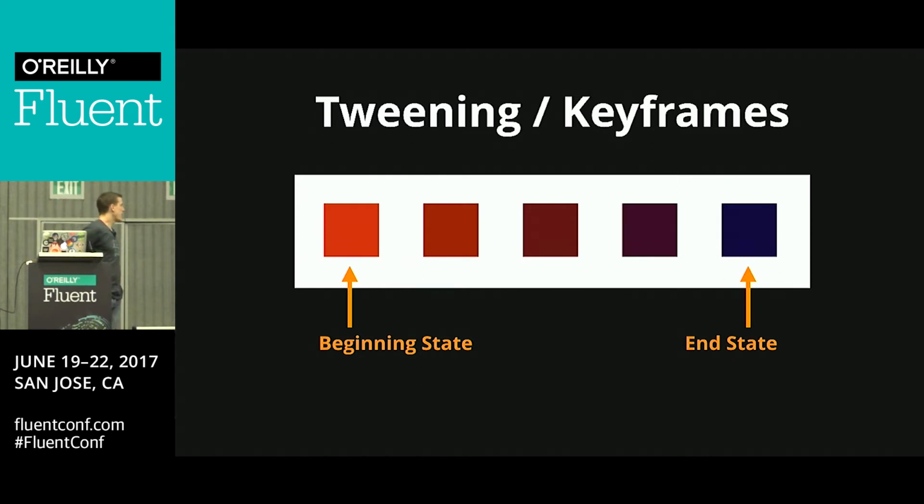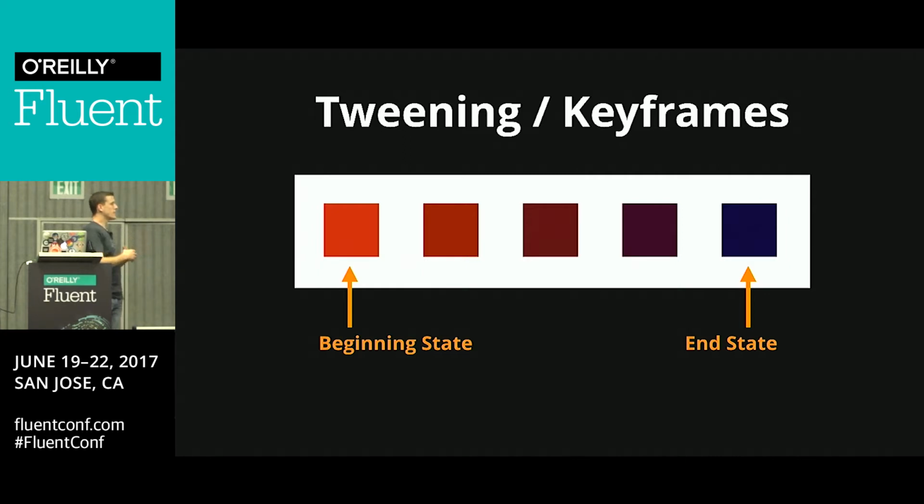So it's like saying I have a box and the beginning state is red and the end state is blue. And you say, this is all that I care about. I am only going to define the beginning state and the end state, and I'm going to let the computer figure out all of the states in between. And I'm going to let the computer transition me smoothly from the beginning state to the end state.